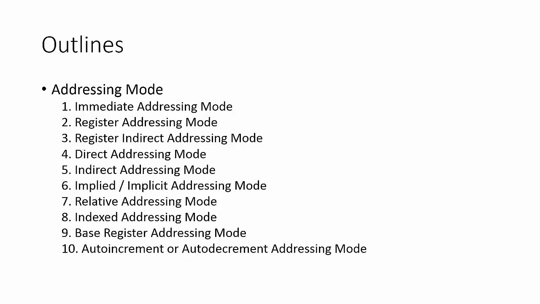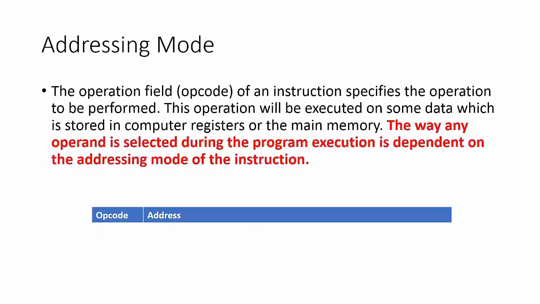So let's start from the immediate addressing mode. Before going to discuss the various addressing modes, let's discuss what is meant by addressing mode. As you know, an instruction is divided into two parts, opcode and address.